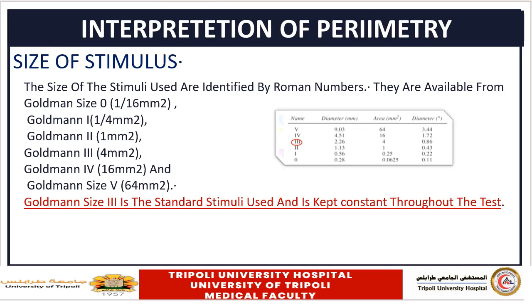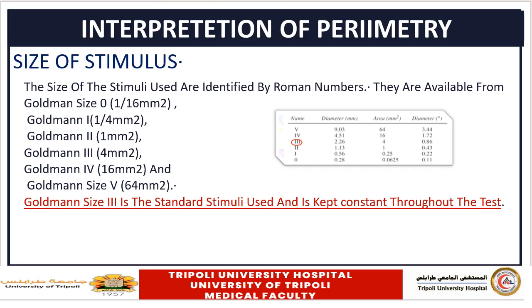As I said, static perimetry is a standardized way of assessing visual function. It is unlike OCT, which is a structural assessment of the retina. Static perimetry assesses the function of the retina, and we have standard parameters. One of them is the size of the stimulus. We have different sizes from size 0 to size 5 Goldmann sizes, and these are the corresponding areas in square millimeters.